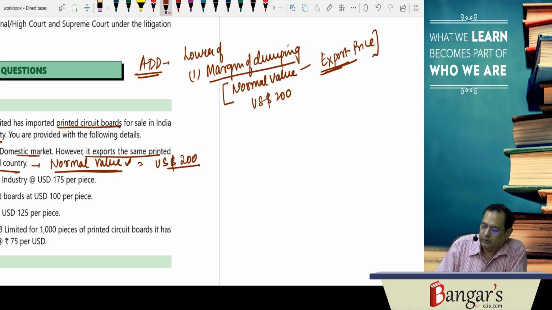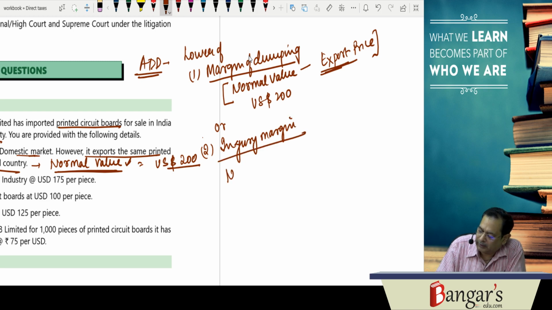Lower of this, now number 2 is what? Injury margin. Now what is injury margin? That is the non-injurious selling price minus the landed value.